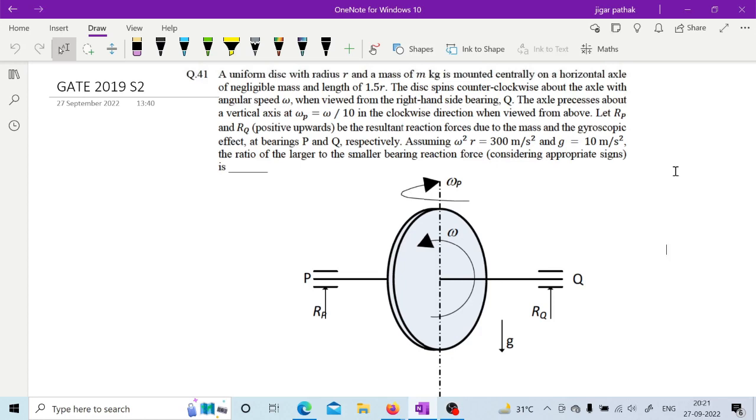Let Rp and Rq be the resultant reaction forces due to the mass and the gyroscopic effect at the bearings P and Q respectively. Now assuming omega square r is equal to 300 meter per second square and g is equal to 10 meter per second square, the ratio of the larger to the smaller bearing reaction force is, this you have to calculate. So can you try this?